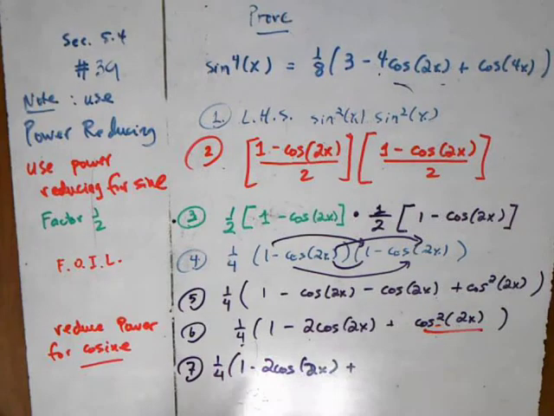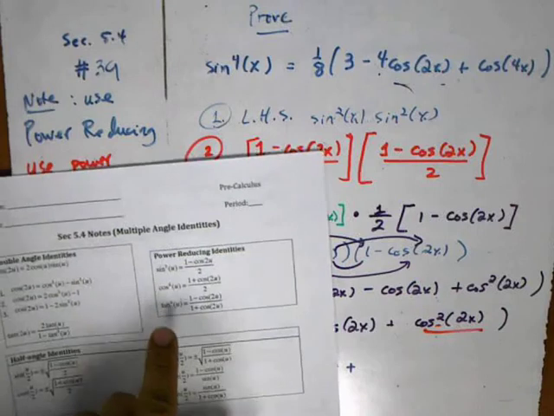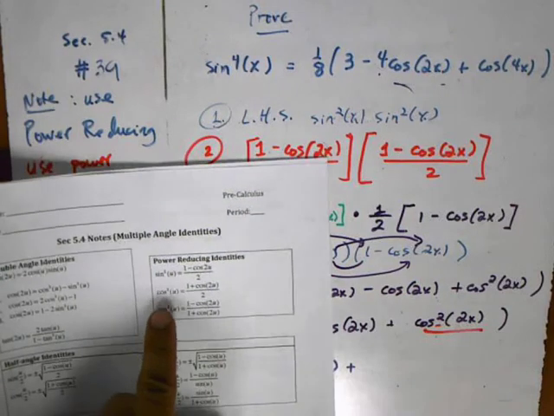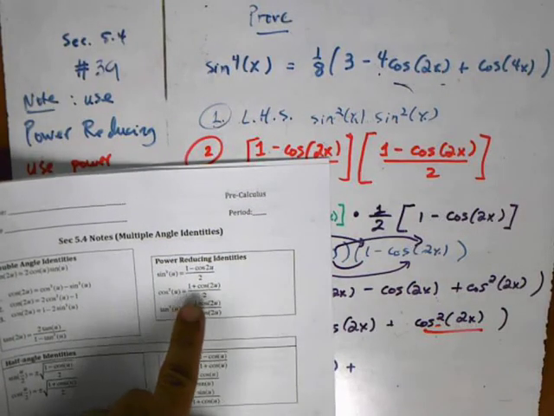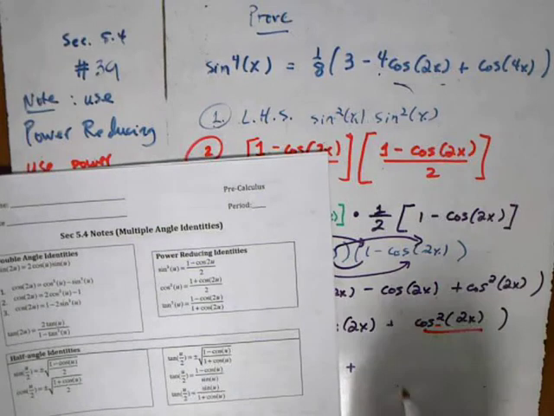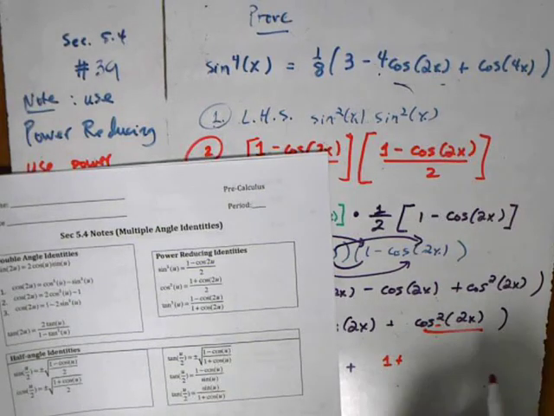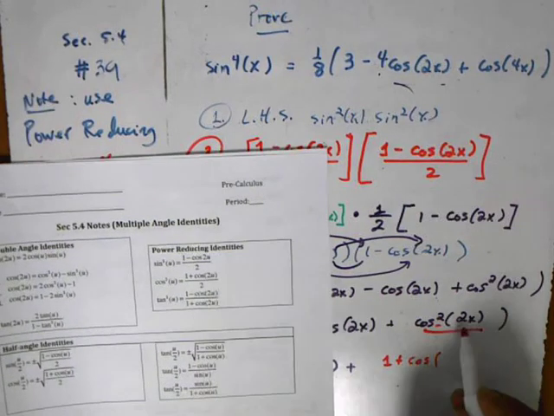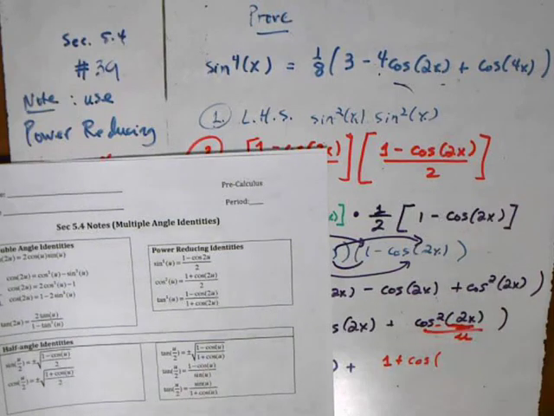Now this whole thing here, the cosine reducing identity, when I have a cosine squared, it becomes 1 plus cosine 2u, but u here is really 2x, so this becomes 4x, all of it over 2.